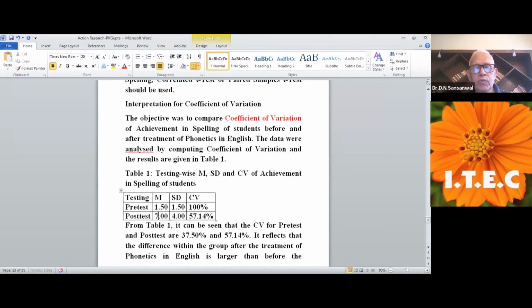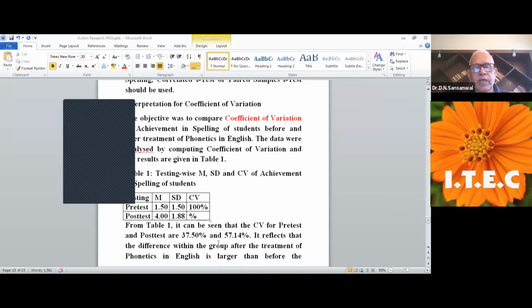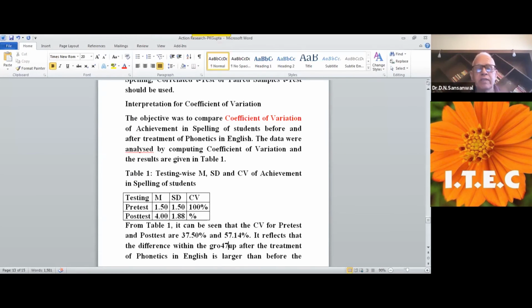And in this the mean was 4, and this was 1.88, and this was 47%.